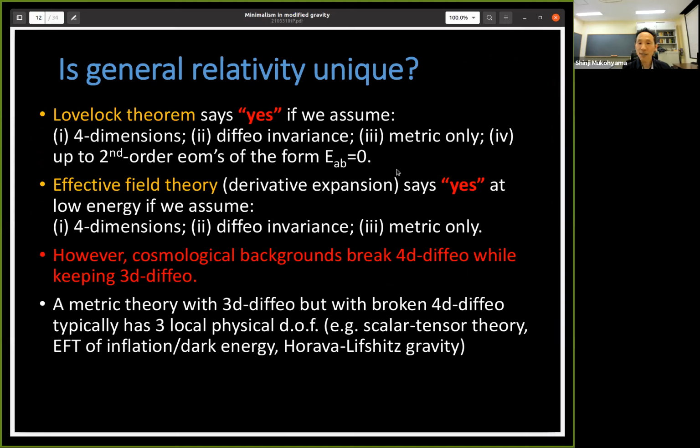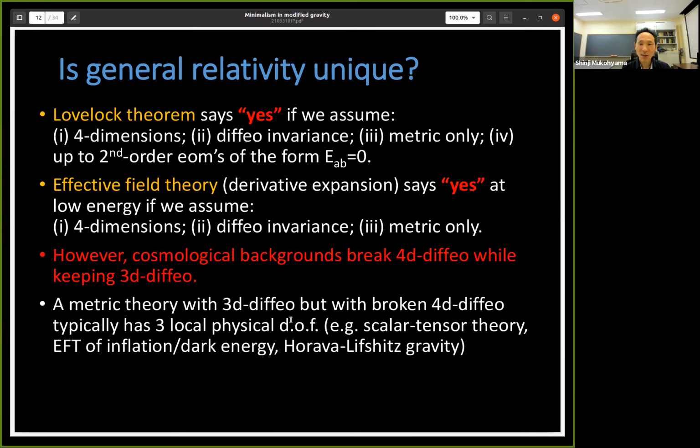However, wait a moment. The cosmological background breaks 4D diffeomorphism while keeping 3D diffeomorphism. Therefore, maybe the assumption of 4D diffeomorphism invariance may be too strong. Maybe we can relax this to 3D diffeomorphism.